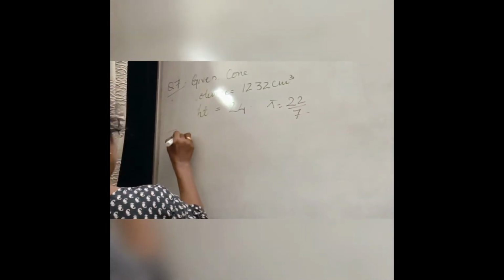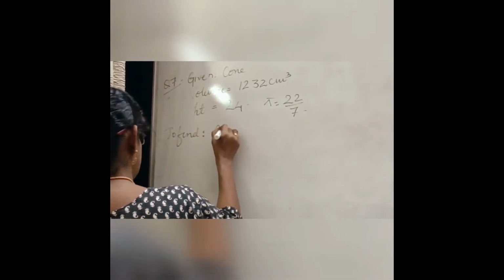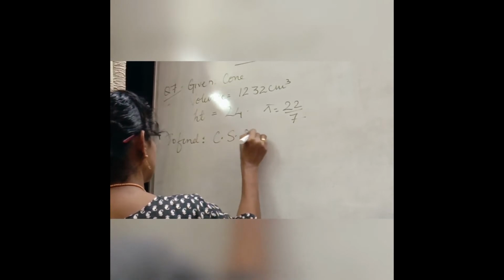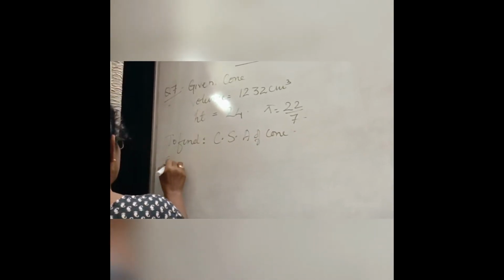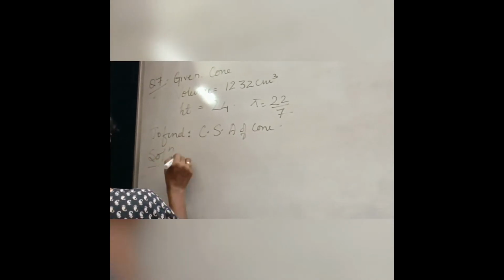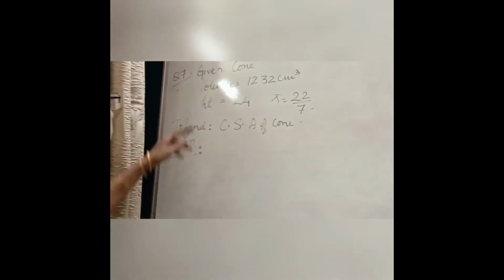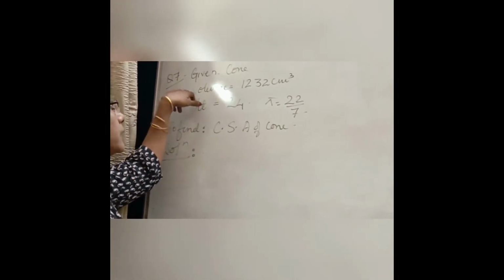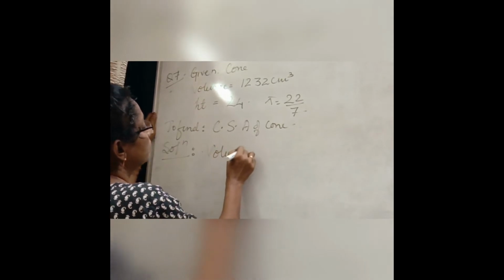We have to find the curved surface area of cone. Solution. What is given? Volume of the cone is given. So you will start with the formula of the volume of cone.